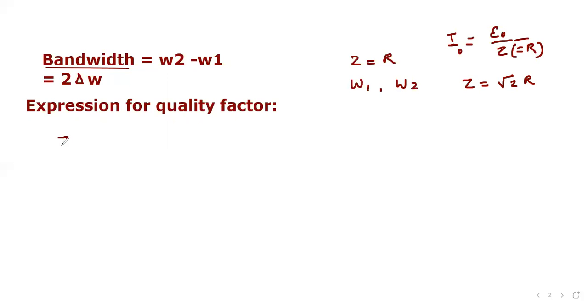We know Z equal to the root of R square plus (XL minus XC) whole square. So XL minus XC is omega L minus 1 upon omega C, squared.